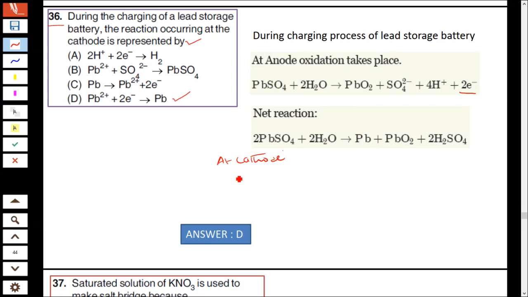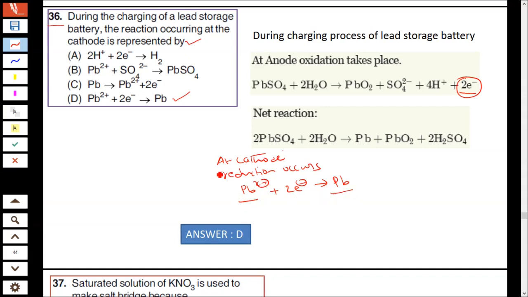At the cathode, what happens? Reduction occurs, where Pb2 plus takes 2 electrons to give lead. Lead 2 plus is reduced to lead.